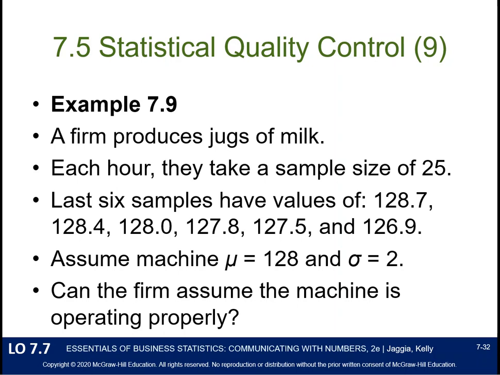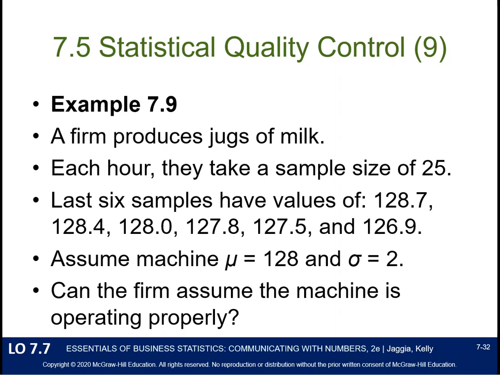According to the machine, and according to lots of data that we've taken over years of taking these samples, we've decided that the population mean is 128 ounces, and the standard deviation is 2, so 2 ounces on either side of that.